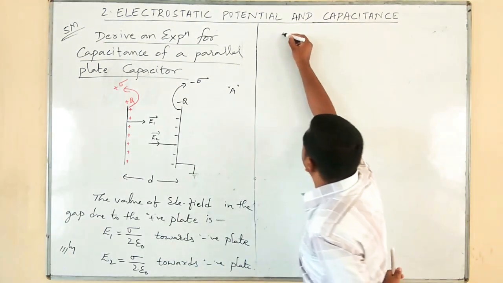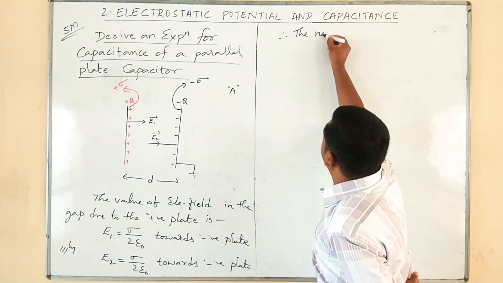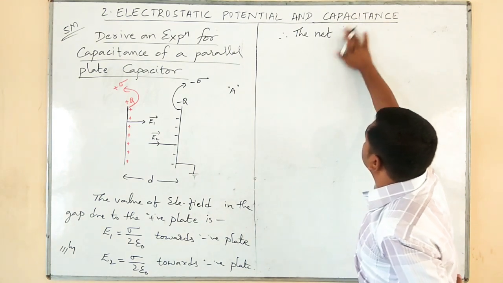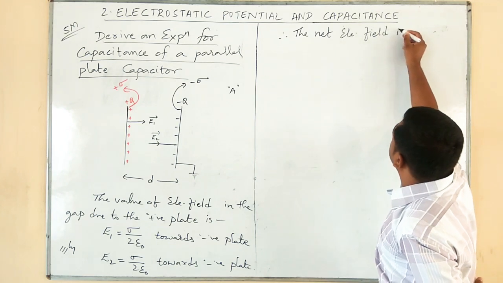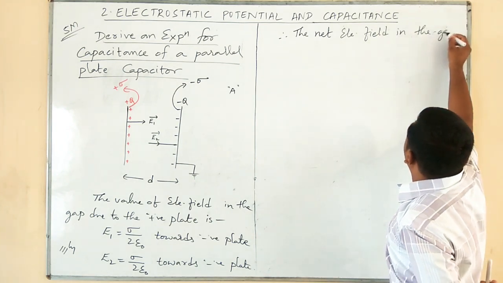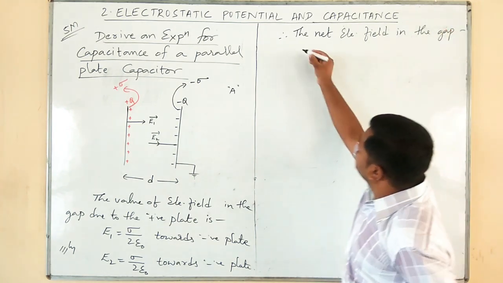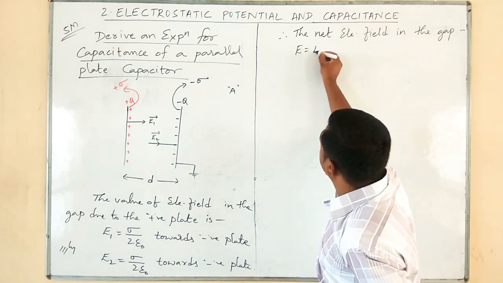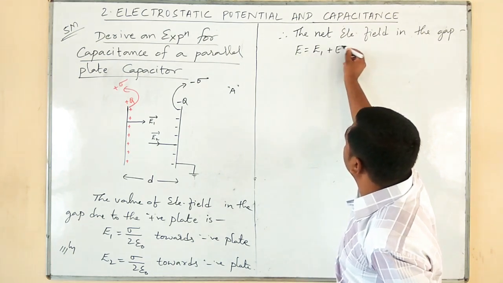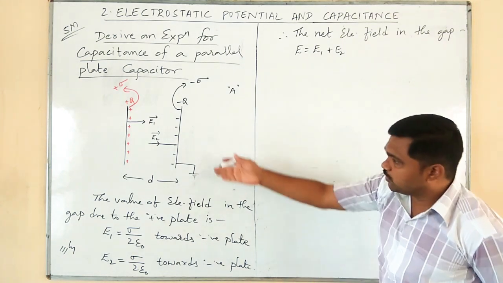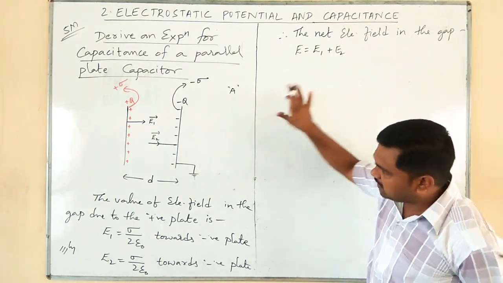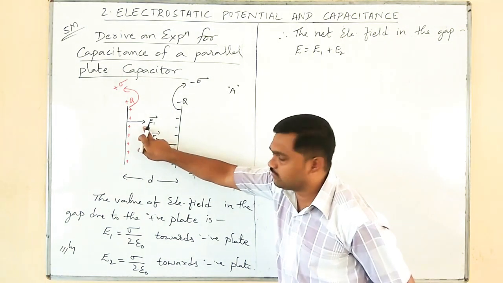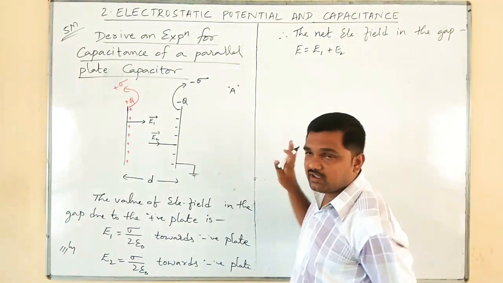Therefore, the net electric field in the gap becomes E is equal to E1 plus E2. It is because both E1 and E2 are purely vector quantities having the same direction, I mean along the positive x-axis.